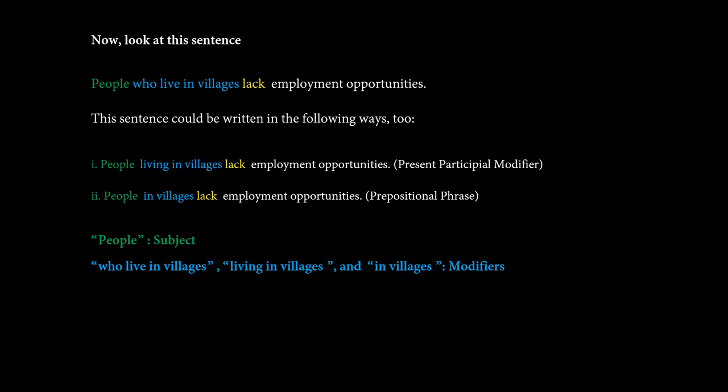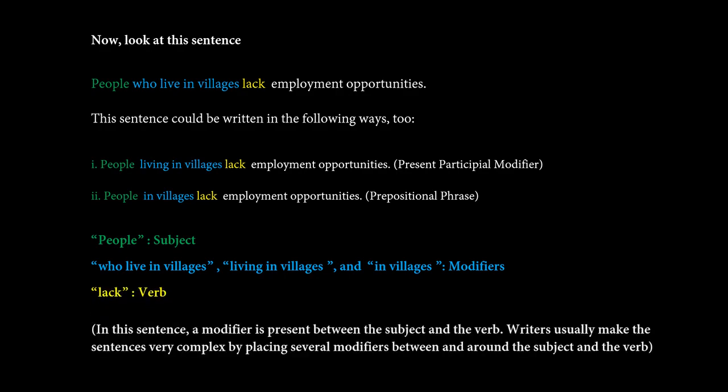"Living in villages" is a present participial modifier. "In villages" is a prepositional phrase. Thus, in the example above, the subject is "people" and the expressions "who live in villages," "living in villages" and "in villages" are modifiers.